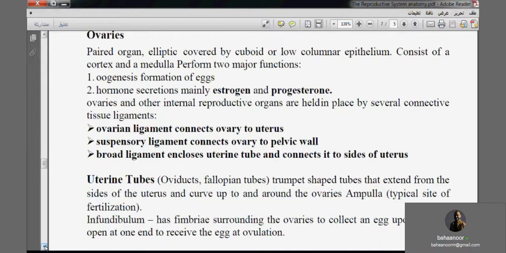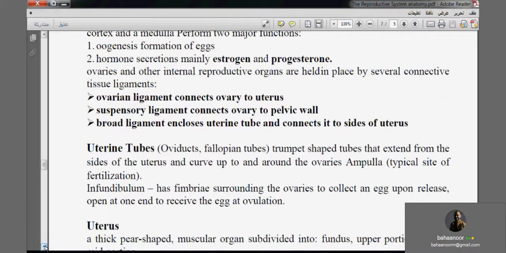We finished with the ovaries. Next comes what? The uterine tube, or oviduct, or fallopian tube. A trumpet-shaped tube that extends from the side of the uterus and curves up and around the ovaries. The ampulla is the site of fertilization.